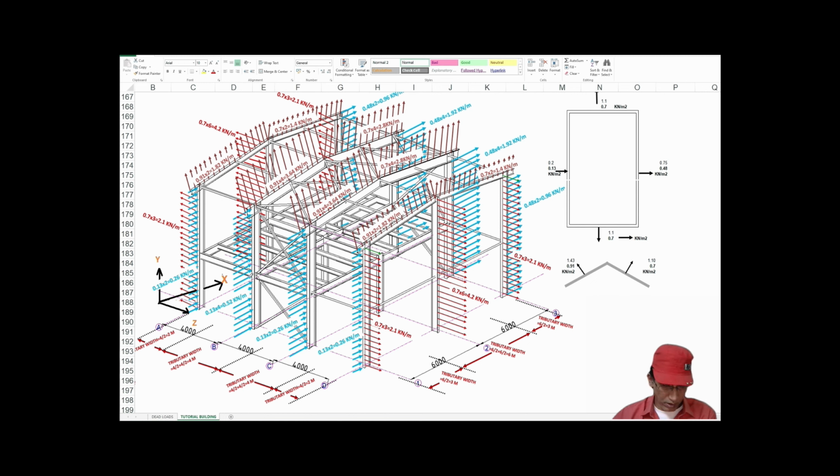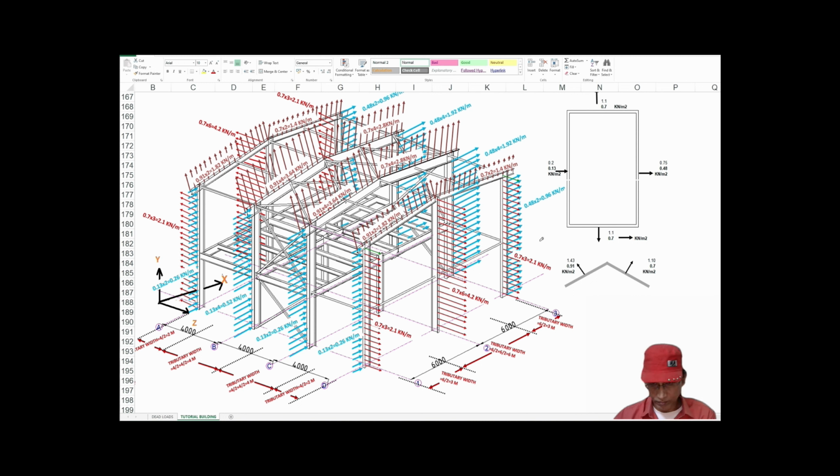With this we have worked out the UDL, uniformly distributed load in running meter, that has to be applied on each structural member that will be resisting the wind load.